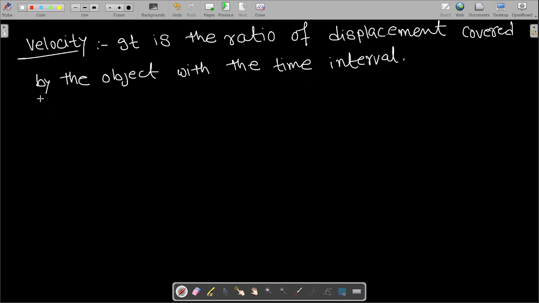Or simply we can say it is the rate of change of displacement.